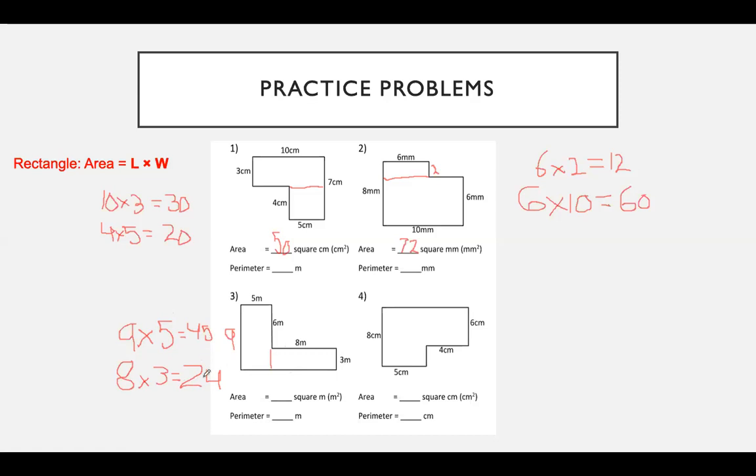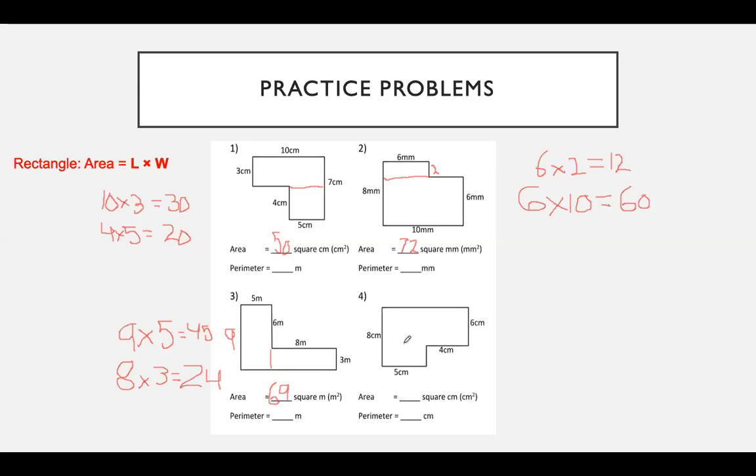And then adding these two values together, so adding 45 plus 24, we get a value of 69. And I'm just going to double check that on my phone. So 45 plus 24, yes, 69.